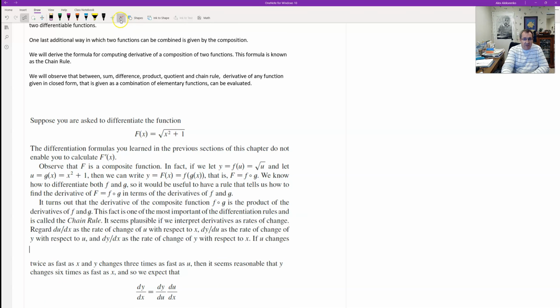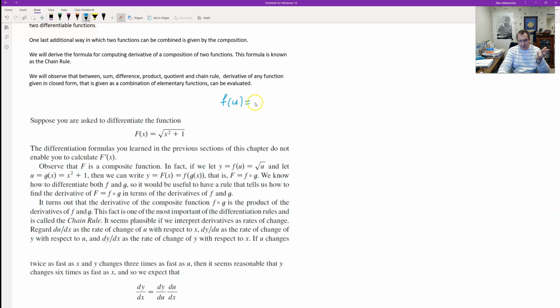Just to start the discussion, let's take a look at this example. We have a function, the square root, and underneath the square root is x squared plus 1. It is a little bit of an art, but after looking at this function for some time, you can notice that it is a composition of two simpler functions.